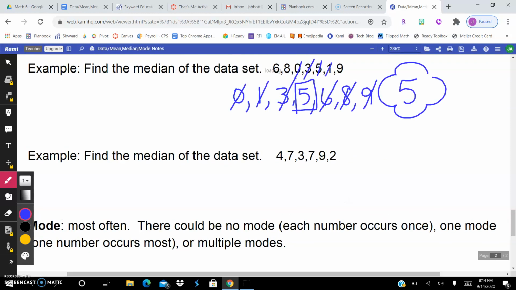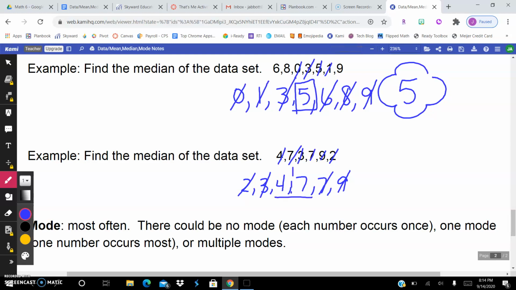I have one more example here for median when we have an even number of numbers in our list. So we go ahead and put them in order. And cross off 1 from the front, 1 from the back, 1 from the front, 1 from the back. But now I'm left with 2.